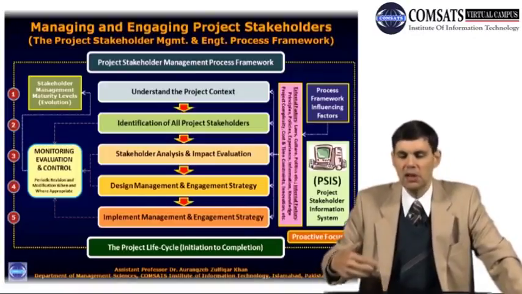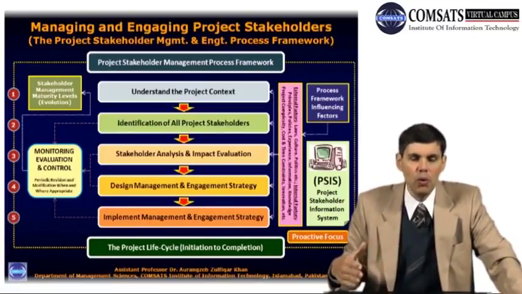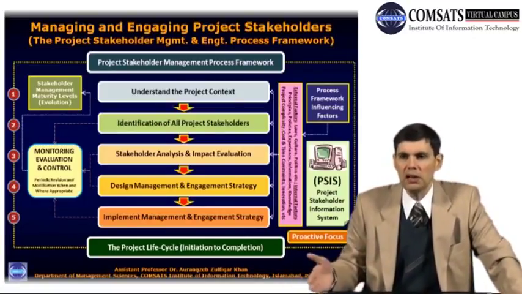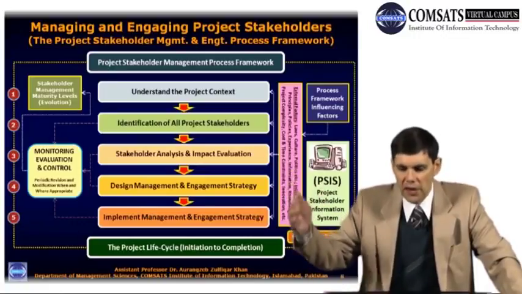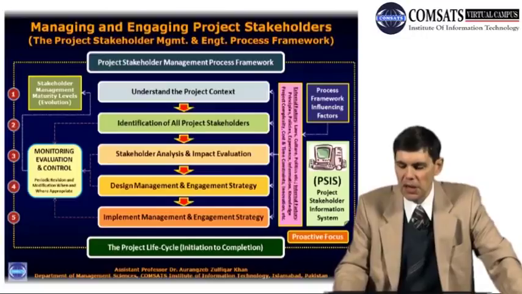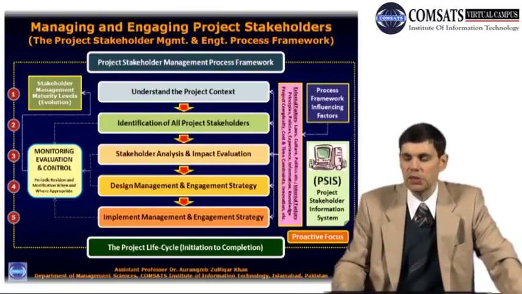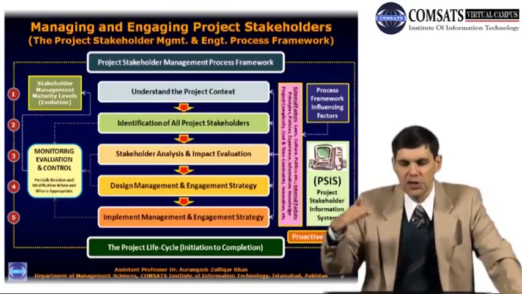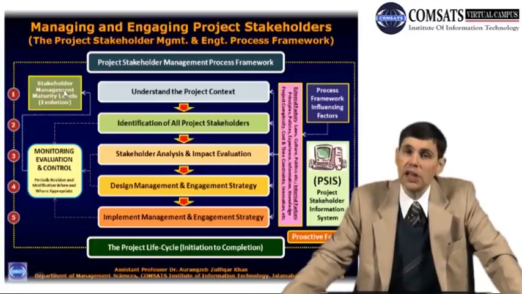Then another more mature stage would be that you are setting up a PMO, which is providing training and supportive services in project management. And then you can go to an even higher stage where you recognize the need for project management and are supposed to implement it in the best possible sense, and so forth. So there are different maturity levels of project management, and you can have the same with stakeholder management.